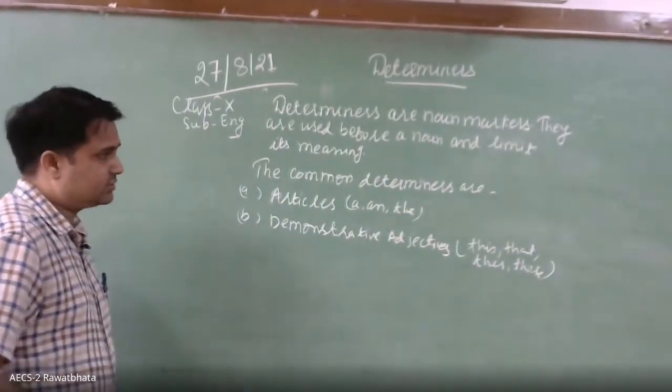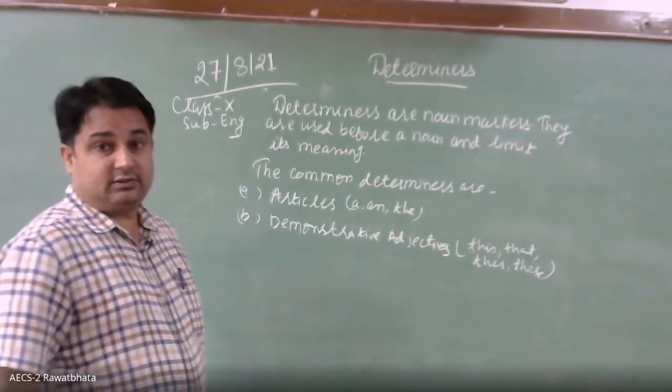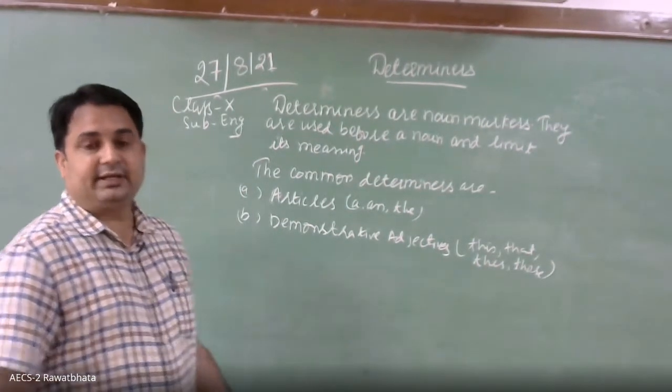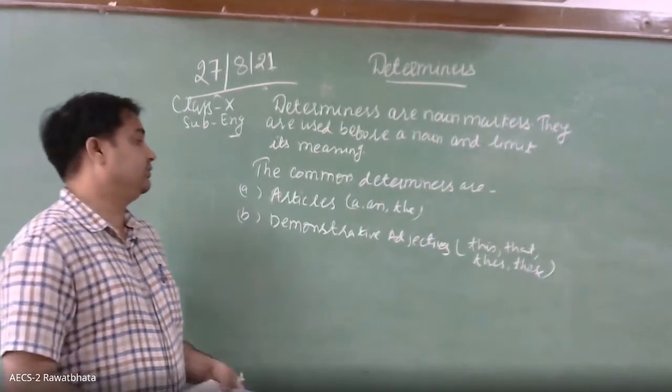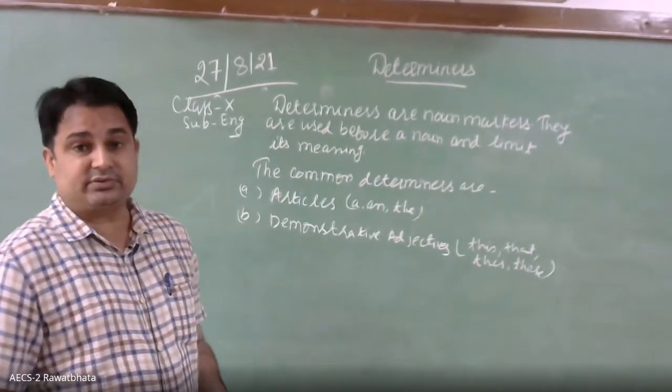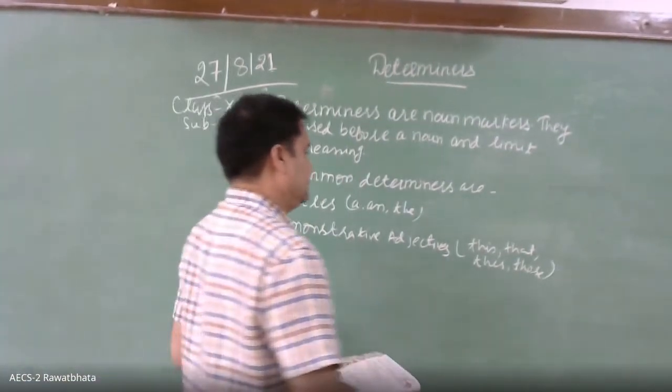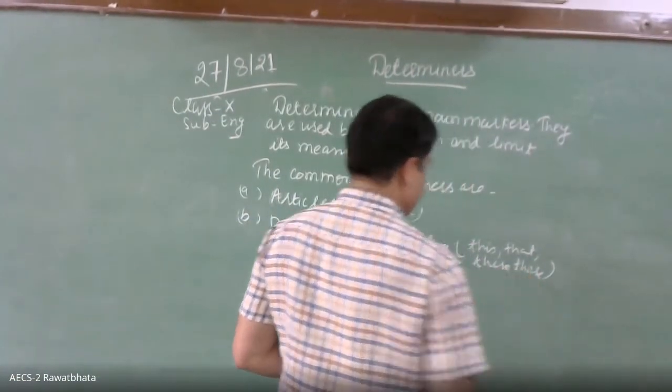Common determiners. What are the common determiners? First you can write articles a and the, then demonstrative adjectives: this, that, these, those.